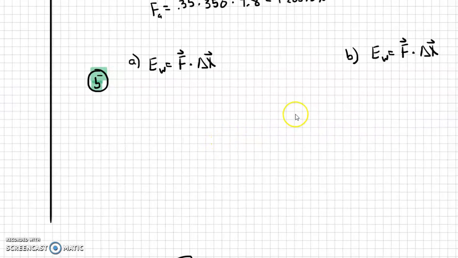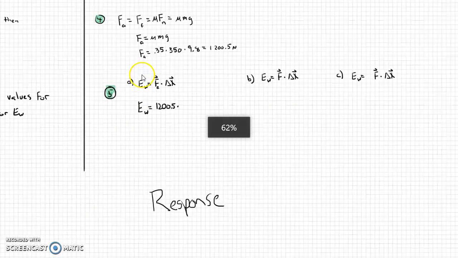Part A was finding the work done by the applied force, or I think it specifically said by the truck. So this right here is going to be the applied force, which we calculated out. Let's substitute in our numbers. This was 1,200.5 newtons, and the displacement was, let's go up and look at that again.